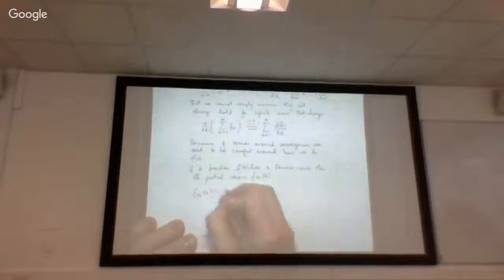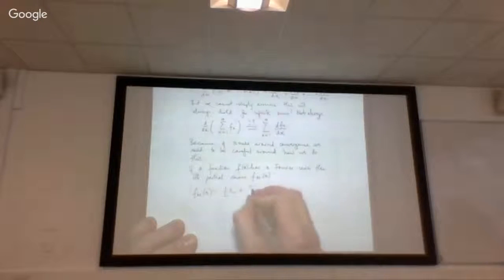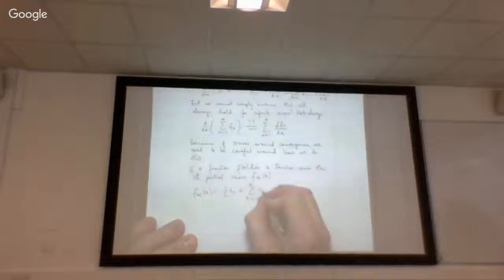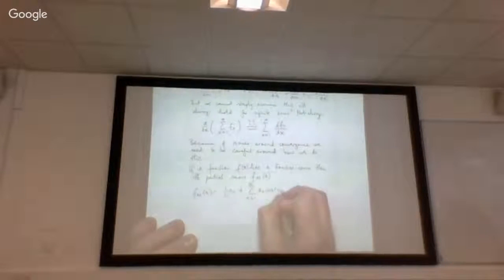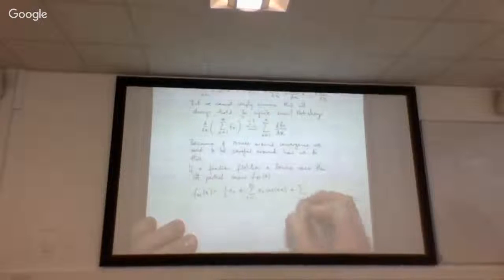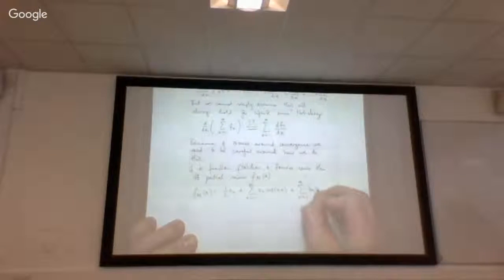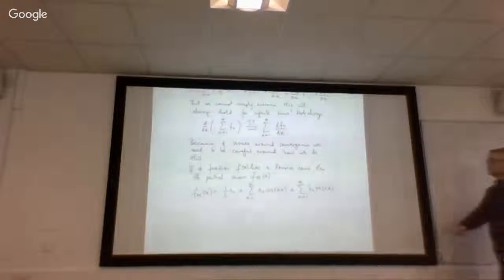By that I mean fm of x will be the constant term of the Fourier series, half a naught, will sum up the first m cosines, and will sum up the first m sines. That's the partial sum of the Fourier series.